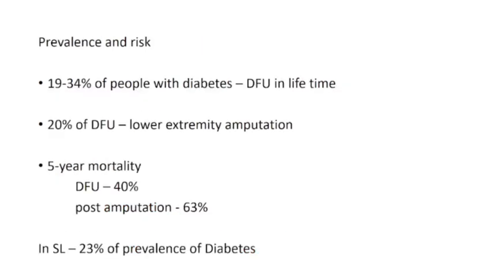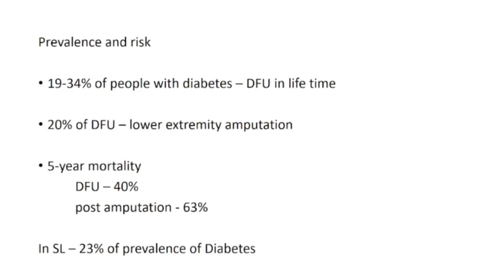So, the prevalence and risk. As you know, the number of diabetic patients is significantly increasing. Every day we see more and more patients becoming diabetic. In Sri Lanka, roughly 1 in 4 people have diabetes, a 23% prevalence in 2023.